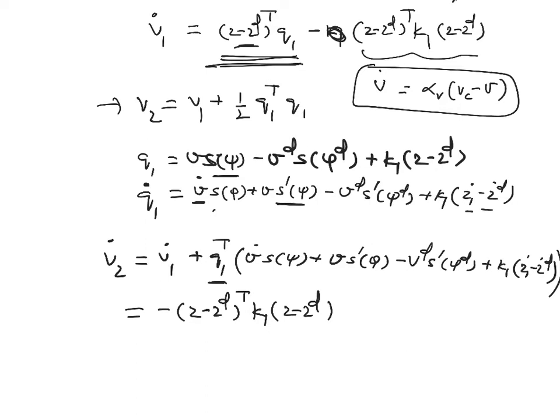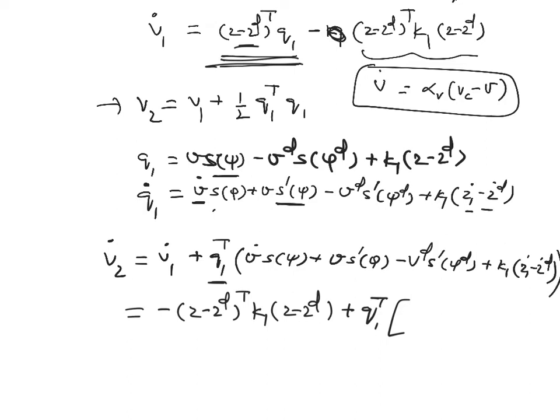So it becomes q1 transpose (z minus zd). Okay, so basically we can bring everything in from here to here.